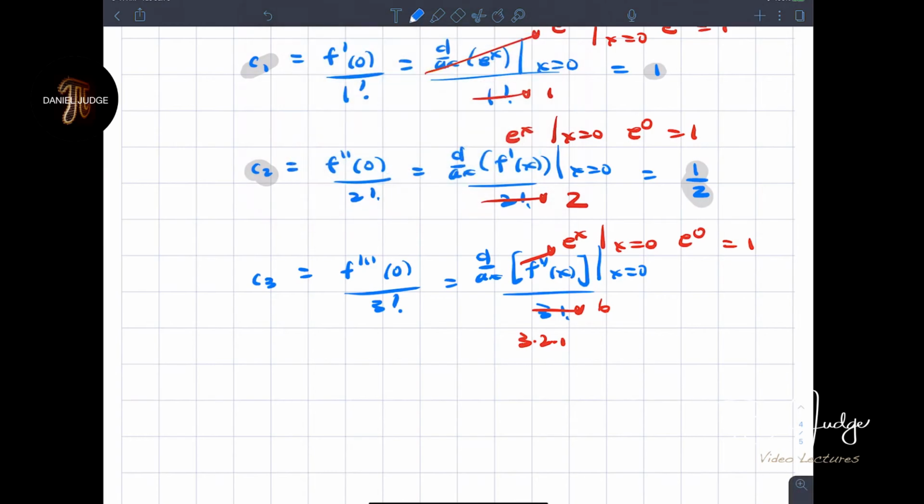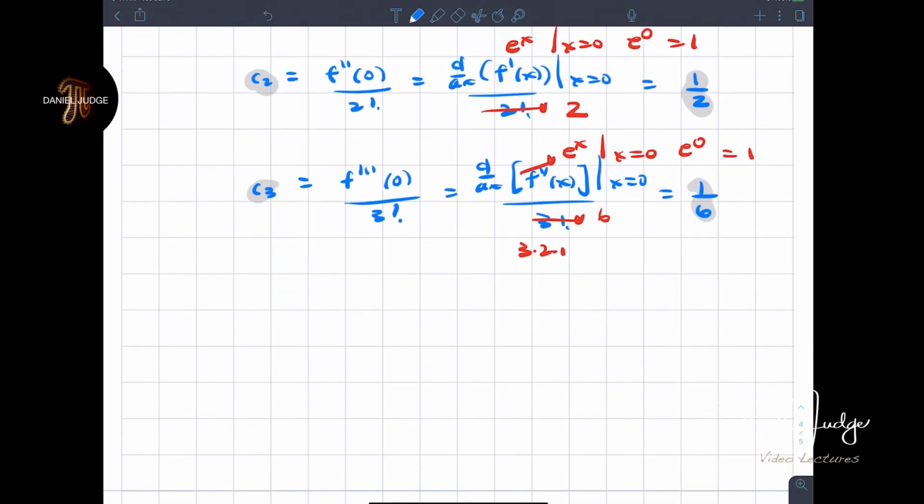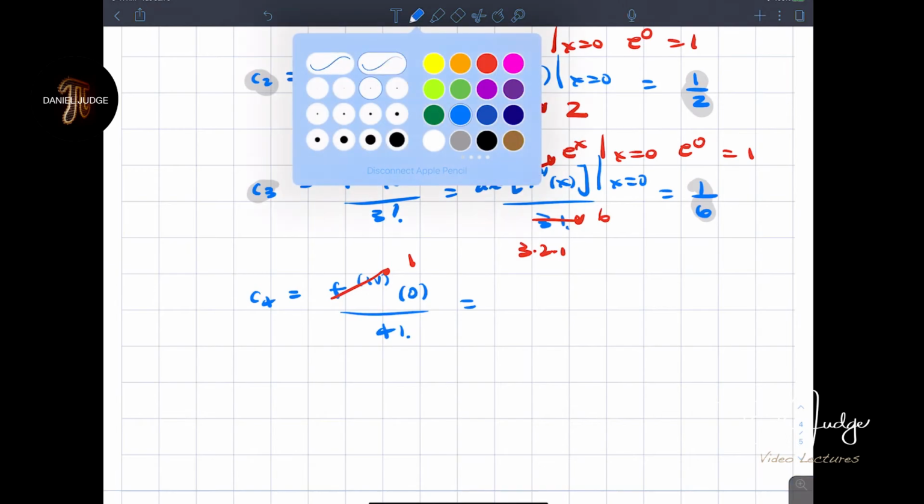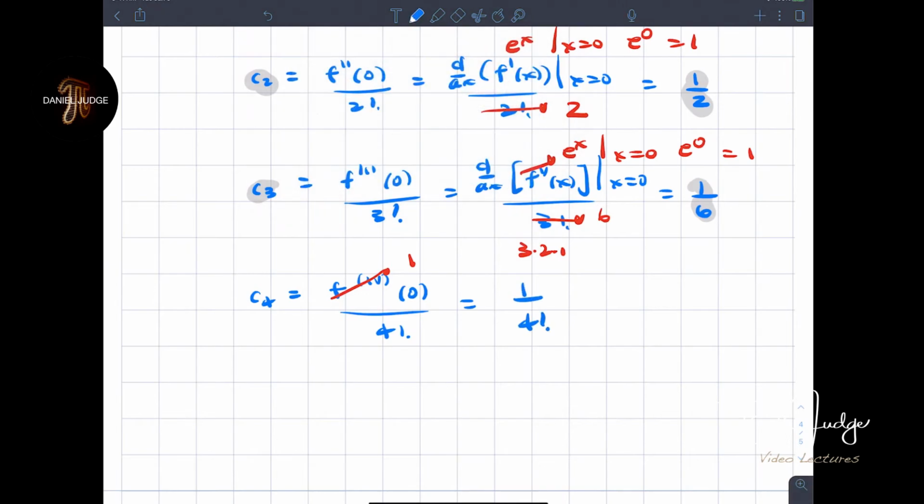So this third constant is actually 1/6. So we're looking at these coefficients, and if I did one more, c4, that's the fourth derivative evaluated at 0 over 4 factorial. Similarly, that numerator will be 1, and then we're going to get 1 over 4 factorial. And so as you can start to see, we see a pattern here of our coefficients.